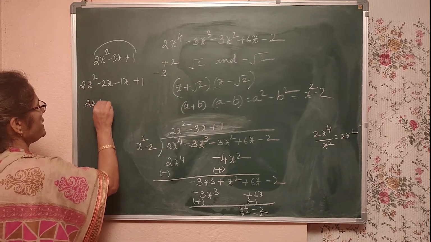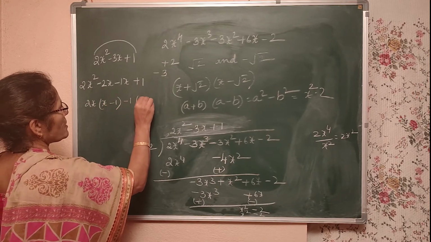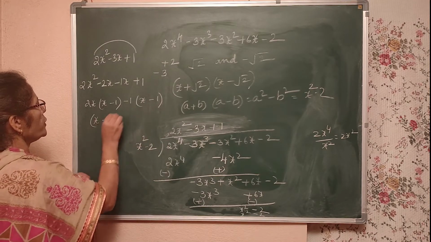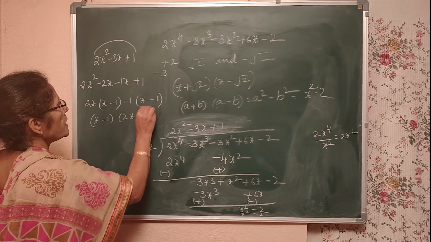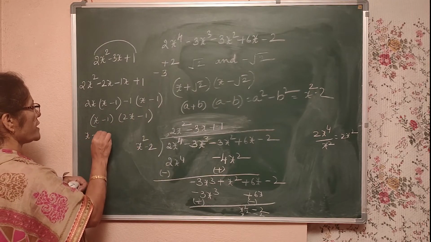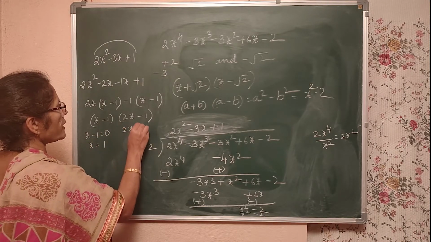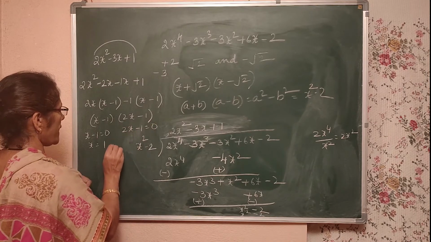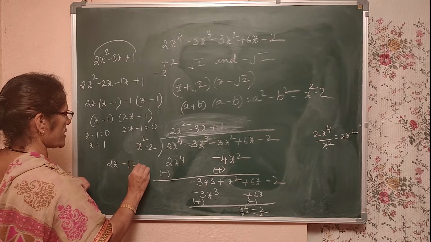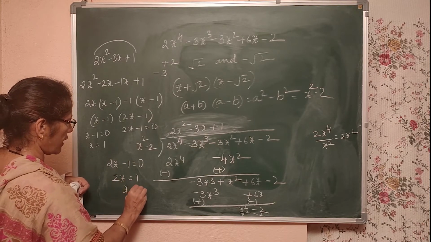2x is common, x minus 1, minus 1 is common, x minus 1. So, x minus 1 into 2x minus 1. So, factorizing, again you put x minus 1 is equal to 0, so x is equal to 1. 2x minus 1 is equal to 0, 2x is equal to 1, x is equal to 1 by 2.